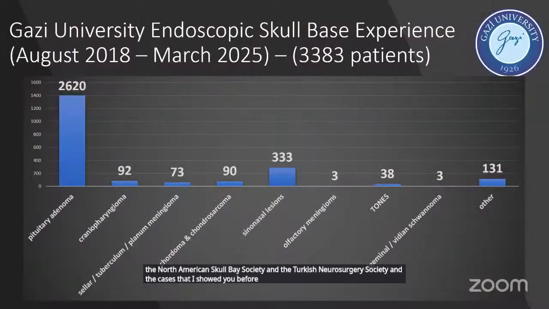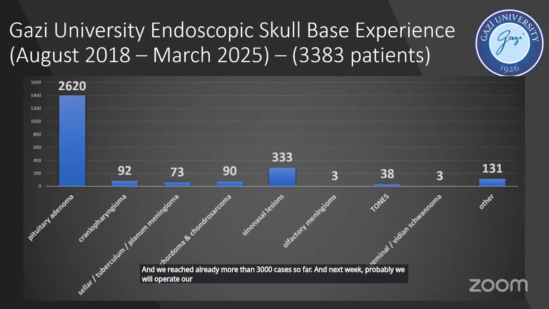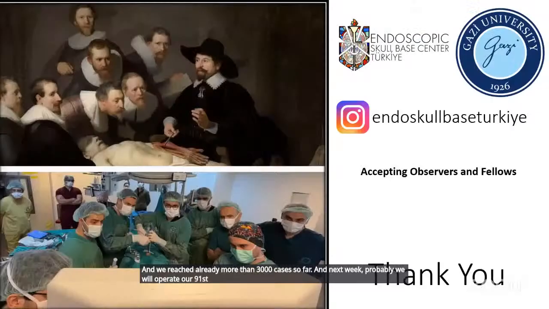We have reached more than 3,000 cases so far. And next week, probably we will operate our 91st and 92nd chordoma cases. So I hope I am faster because I really hate long speeches. Thank you, everybody, for your kind invitation. That's it. Thank you.